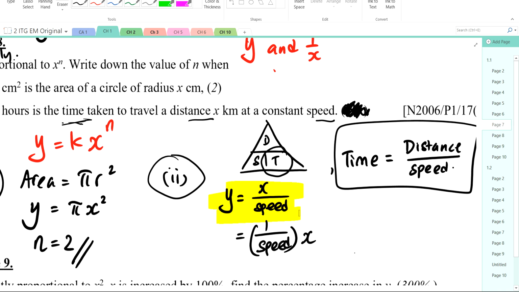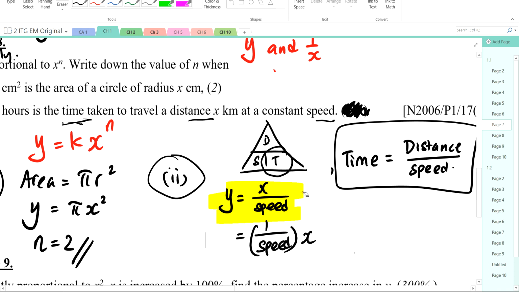Oh, okay. The speed in the denominator, is it a constant or a variable? Constant or variable? Look at the question again. What did they say about the speed? Constant. The speed is constant. So this denominator over here is a constant, which means that I can write my equation like this. Y equals 1 over speed times x. Yes?